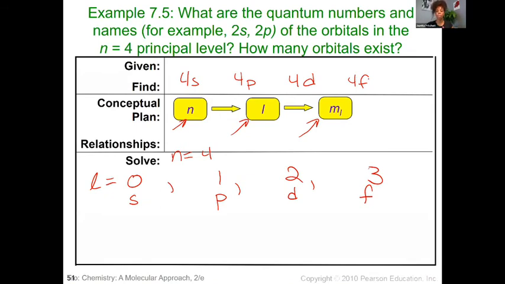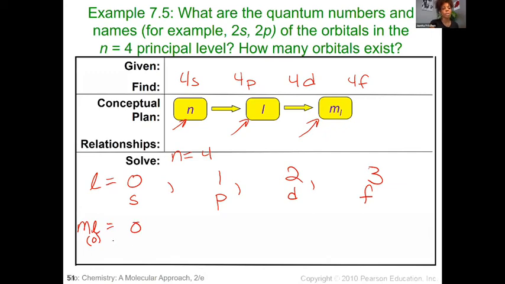That number comes from our ML value. You have to do an ML value for each of the L values that you have. Remember, your ML value is equal to -L up to +L. So when L is equal to 0, your ML value would only be 0.